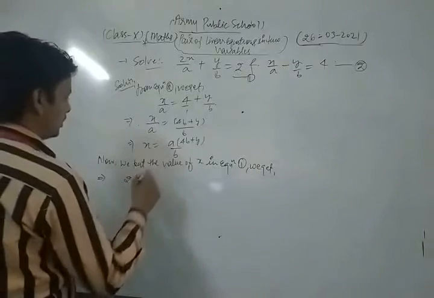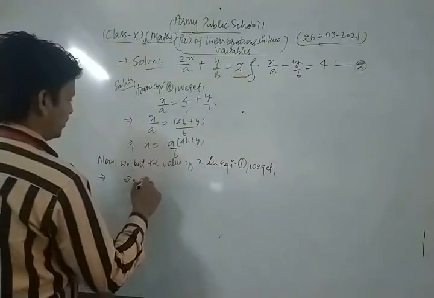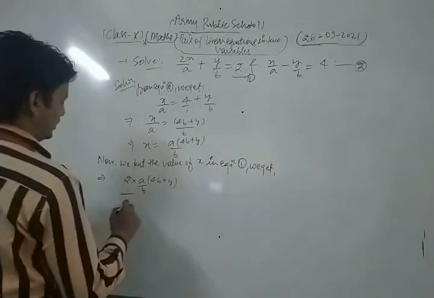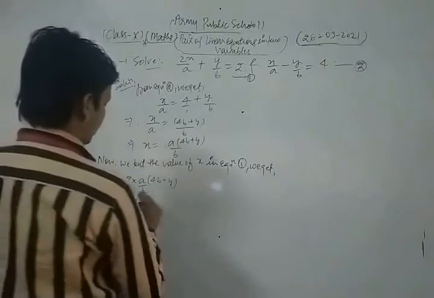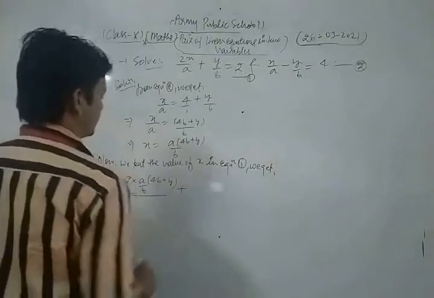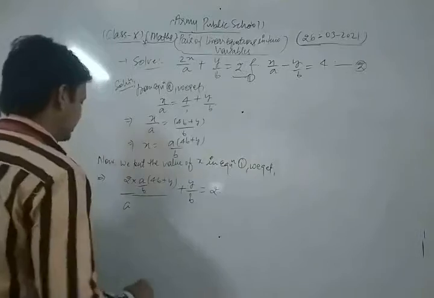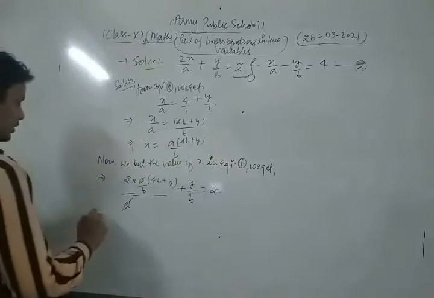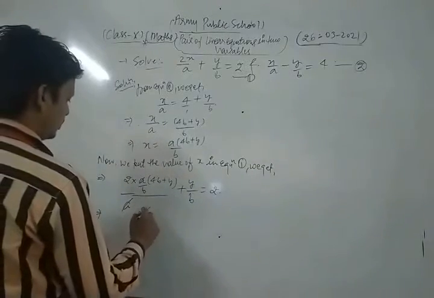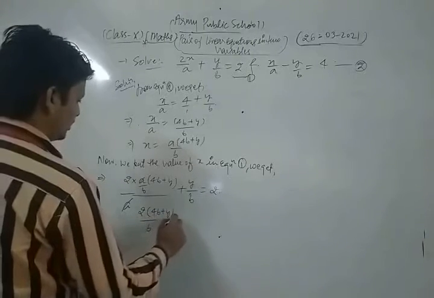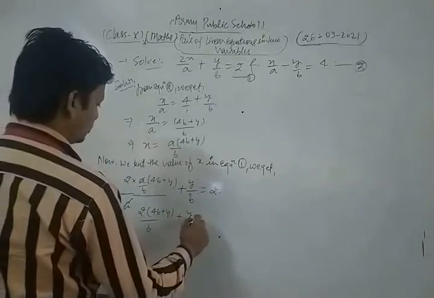The value of x is a upon b in bracket 4b plus y, and upon a, right as it is, plus y upon b, right as it is, equal to 2. Now let's see here. Here a cancel to each other, so we get 2 into 4b plus y upon b plus y upon b is equal to 2.